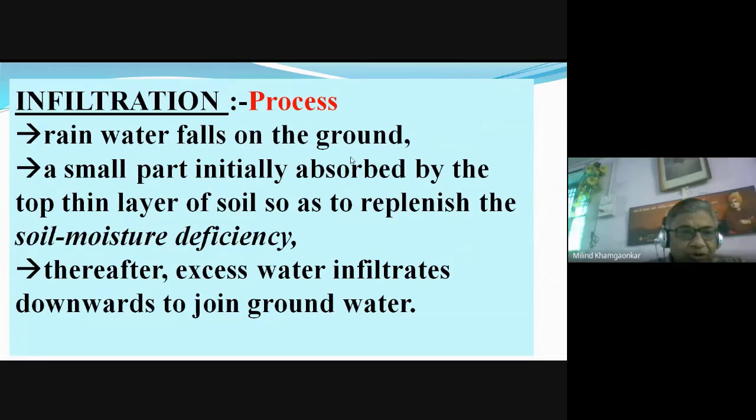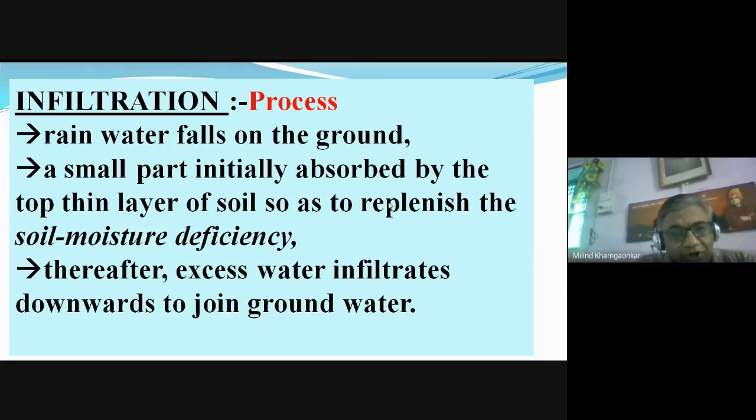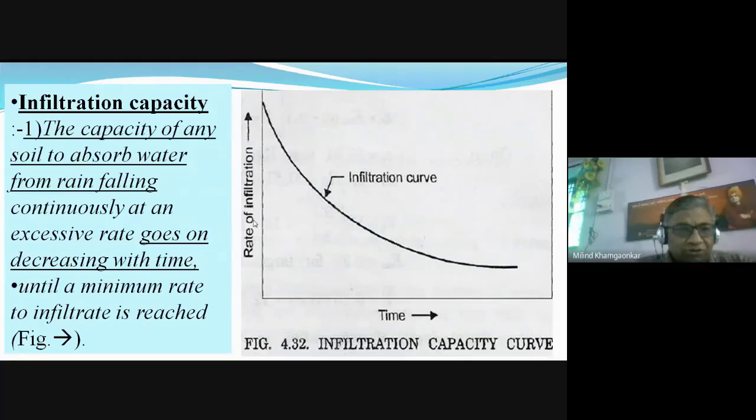As I have told you, infiltration is the process of the percolation of the precipitation water or the rainwater into the ground. First the soil gets replenished with soil moisture, and then it percolates. When we plot a graph between duration or time and the rate of infiltration, that graph is called the infiltration capacity curve, or the infiltration curve.